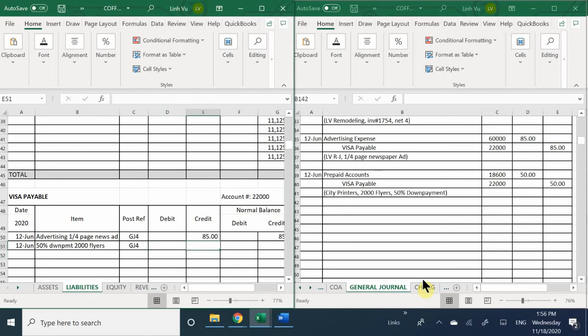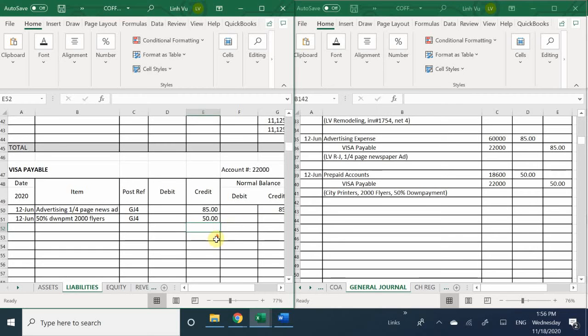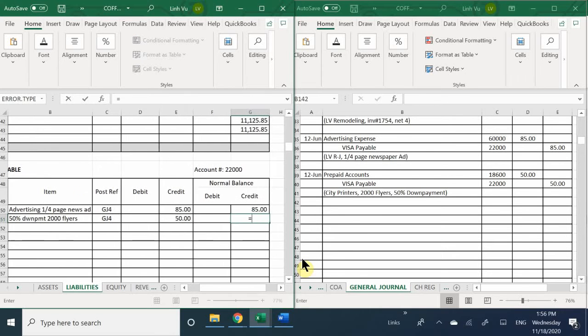All right, and because we are charging an additional $50, this is where the account formula is going to look a little different. Essentially, it's the same thing, but we're going to be adding our credits and subtracting our debits. So we're going to go up 1, so equal up 1.